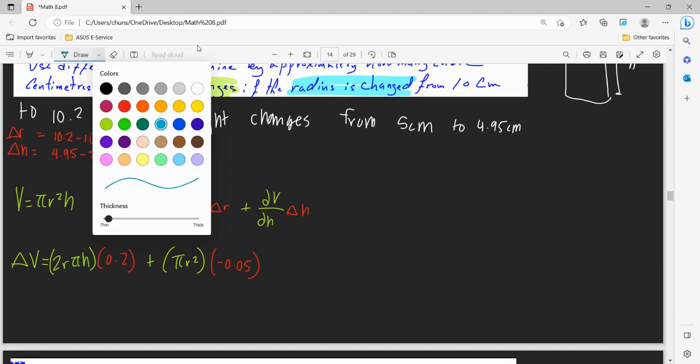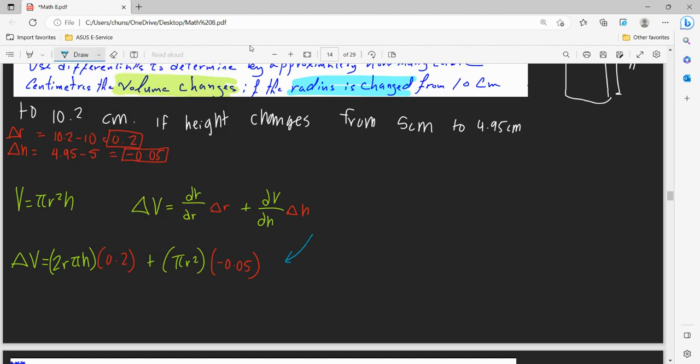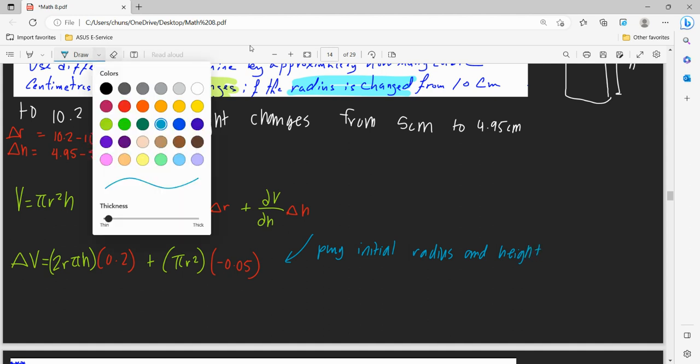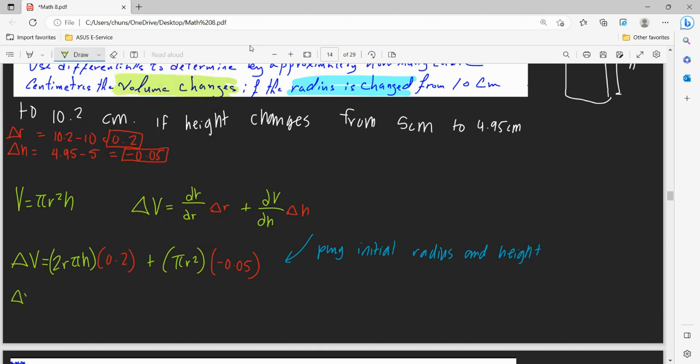Okay, and we're going to plug in for our initial values. So let me just write that: plug in initial radius and height. And this will give us delta V is equal to 2, and our original radius was 10, pi stays the same, and our original height was 5 centimeters, this times our 0.2, plus pi, and our initial radius, again, was 10 centimeters squared, and this times negative 0.05.